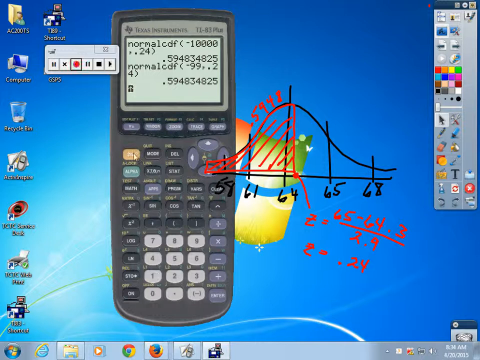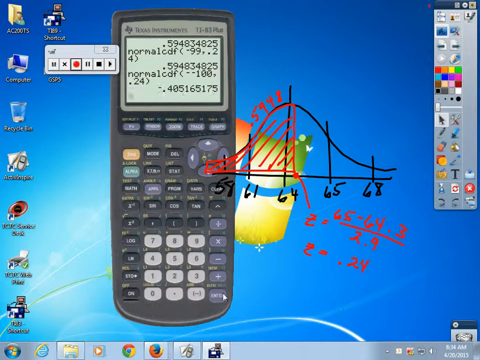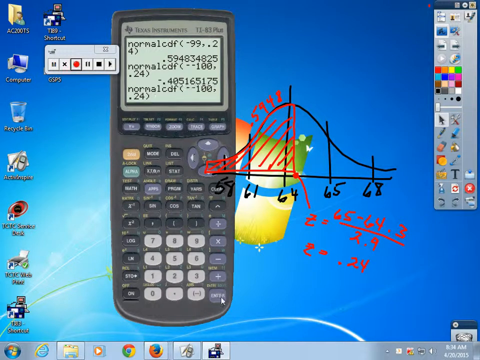Second function, enter. Back and use negative 100. Oops, I must have typed something in there. I guess the calculator formed a new number. I didn't know there was a negative 100.